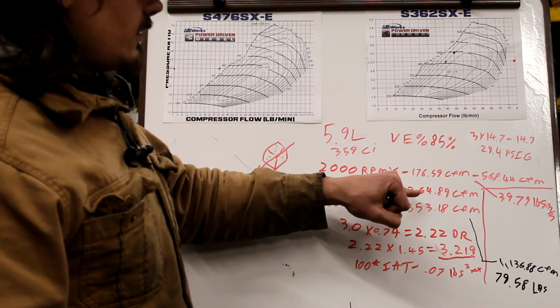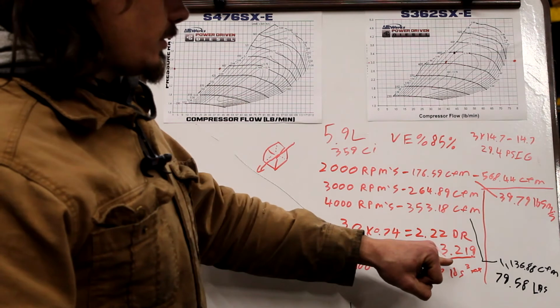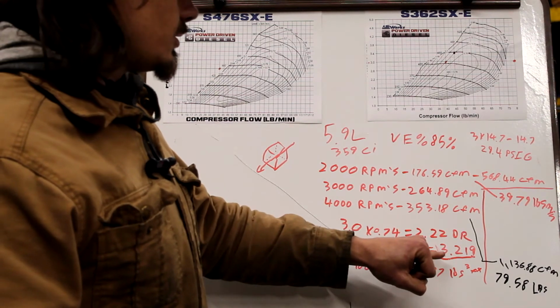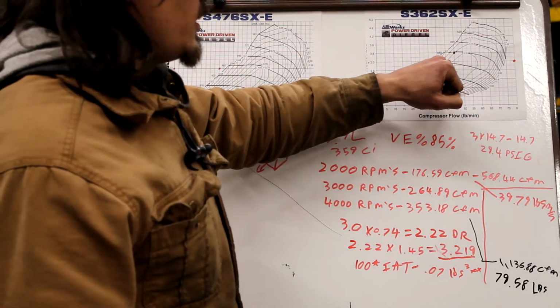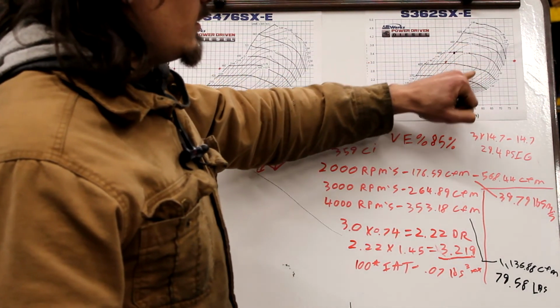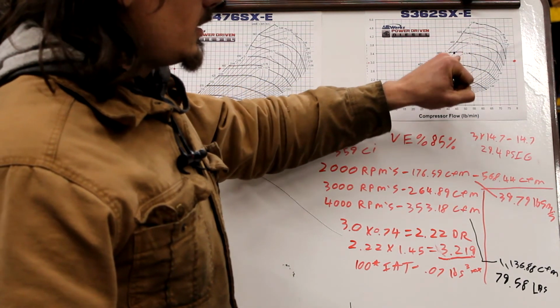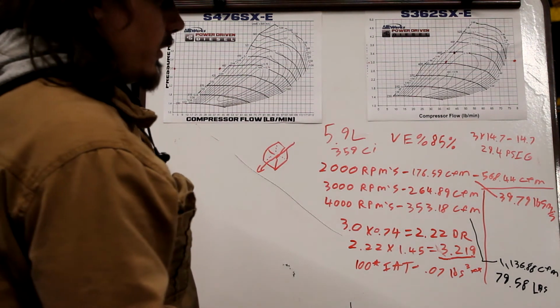So it's 264.89 times our density ratio of 3.219. And remember, we figured out the density ratio by taking our pressure ratio and multiplying it by the compressor efficiency. This is a loss, so in this case 0.74. And from there we get our density ratio.